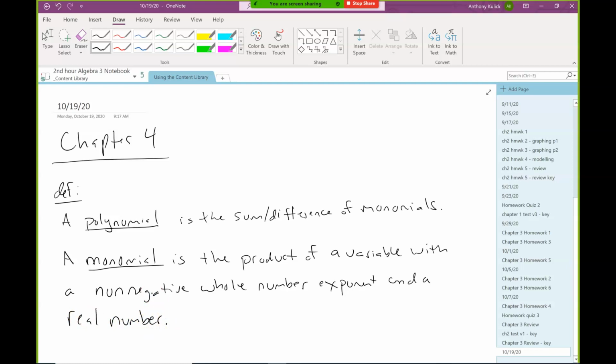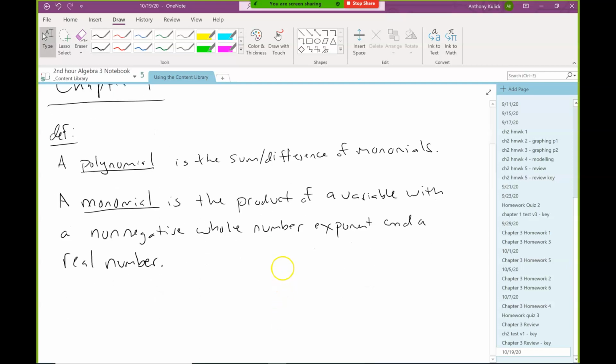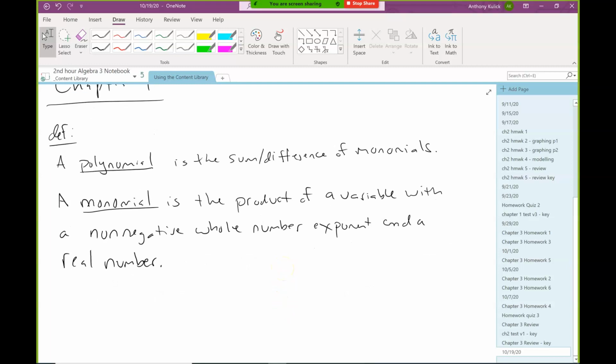Okay, so a monomial is the product of a variable with a non-negative whole number exponent and a real number. So a polynomial is just a bunch of these monomials being added or subtracted, or added and subtracted.